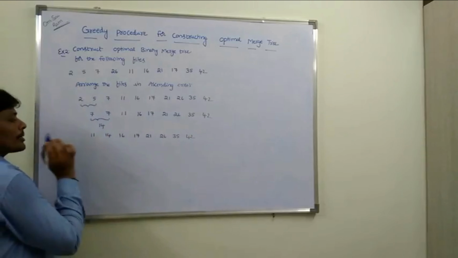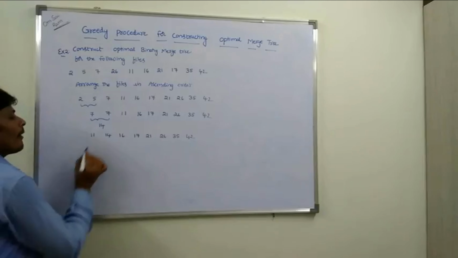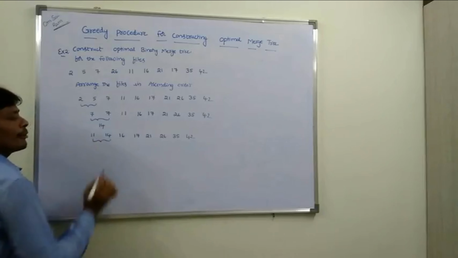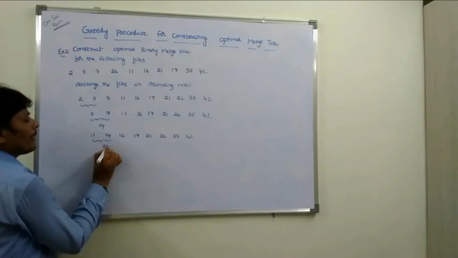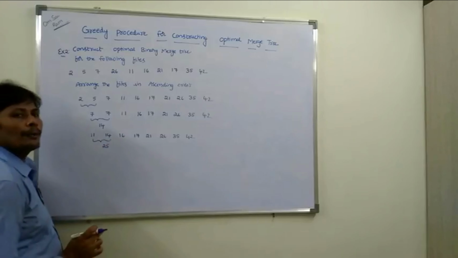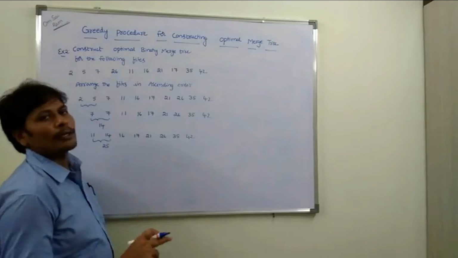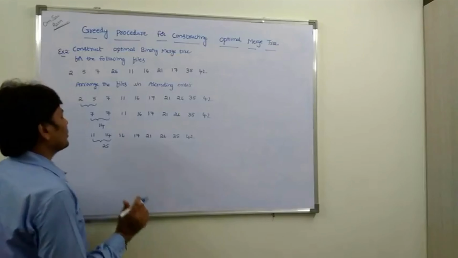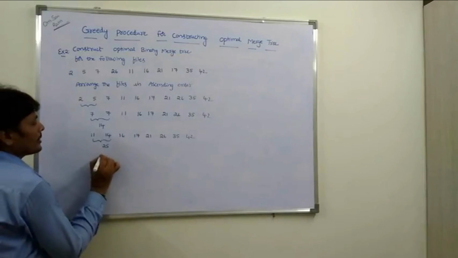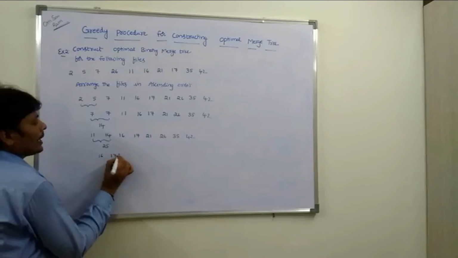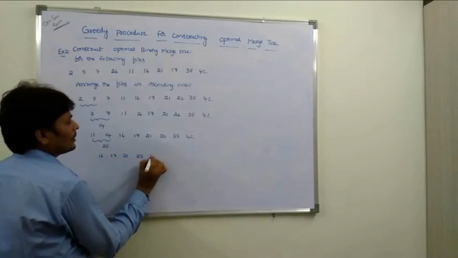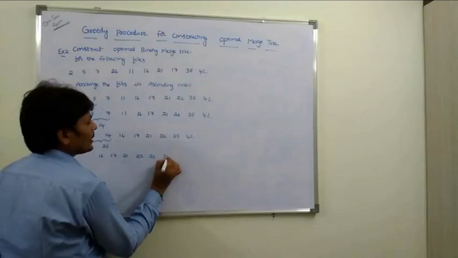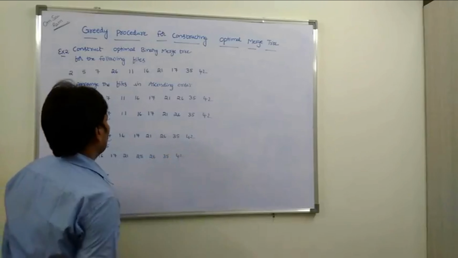Now the smallest two files are 11 and 14. So that is 11 plus 14, that is 25. This merged value is inserted into the sorted list at its correct position. The list is 16, 17, 21, 25, 26, 35 and 42.